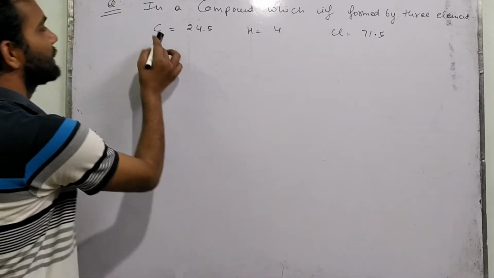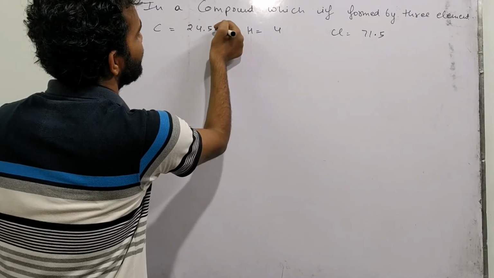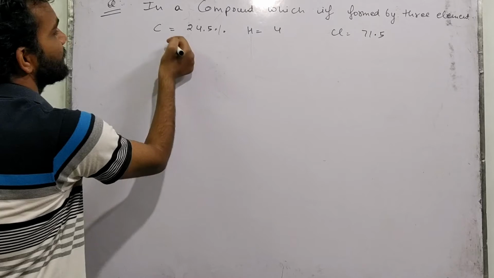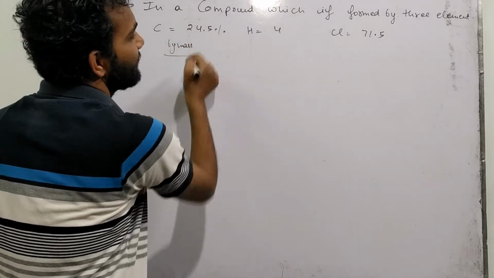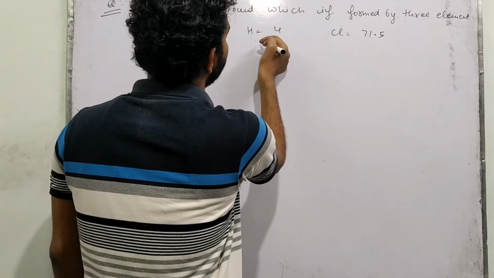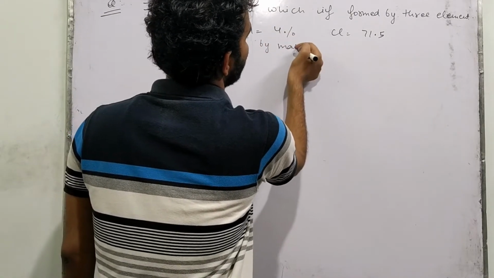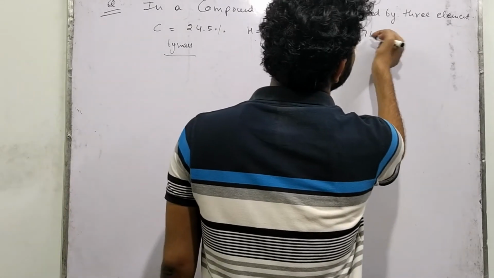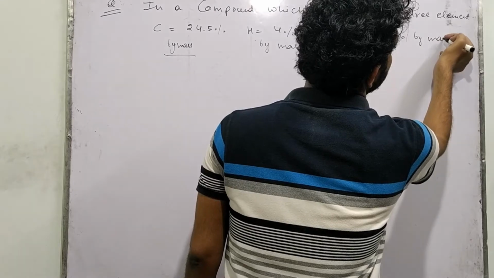In this question, the carbon is 24.5% by mass, and hydrogen is 4% by mass, and chlorine is 71.5% by mass.